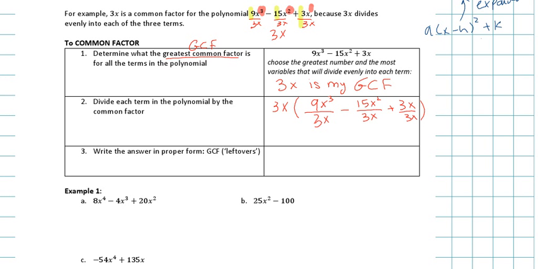You see that? So take your greatest common factor out, divide every single term by it. Now, let's look at how that is going to simplify.